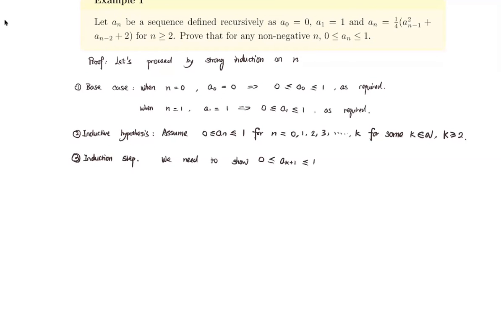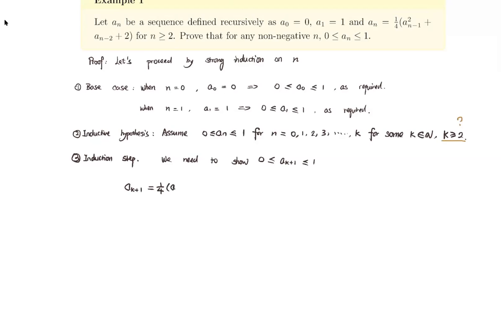Now, a of k plus 1 equals, so we have this definition here. You can plug in k plus 1 in there. You'll get 1 over 4. Actually, here I'm just gonna leave a question mark here because we'll go back to that, okay?